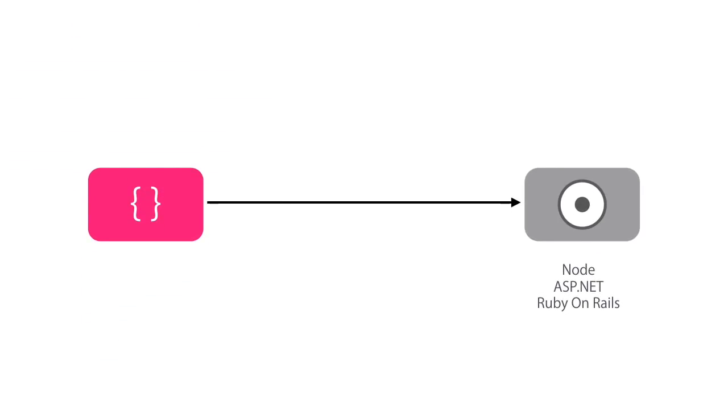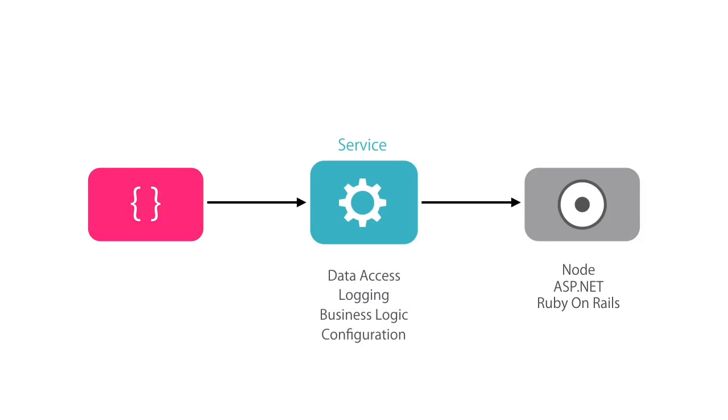Now, sometimes our components need to talk to backend APIs to get or save data. To have good separation of concerns in our applications, we delegate any logic that is not related to view to a service. So a service is just a plain class that encapsulates any non-user interface logic, like making HTTP calls, logging, business rules, and so on.